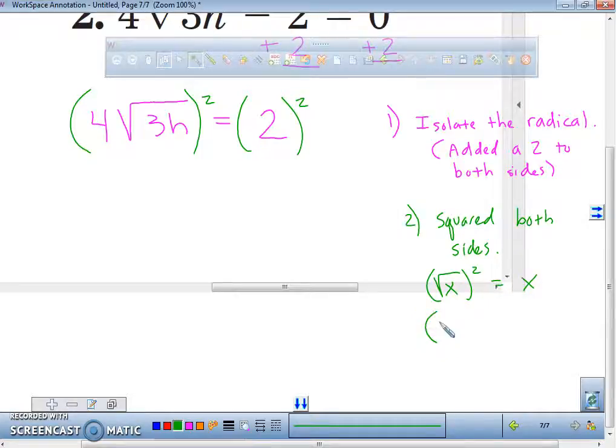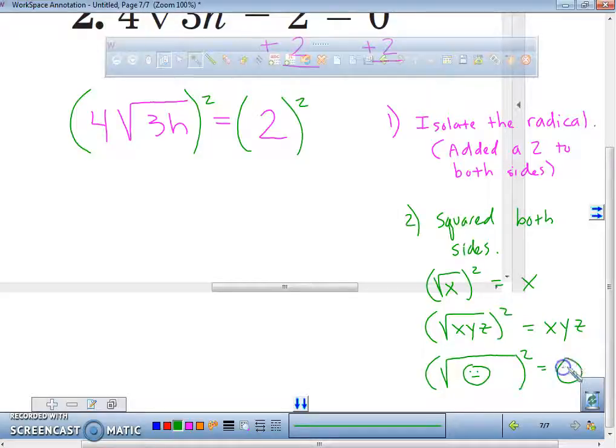If I had a radical xyz, and I squared a radical xyz, that would become xyz. If I squared a radical stoic face, what's that going to become? Stoic face, right there. It's not going to become happy face, it's just going to be stoic face.